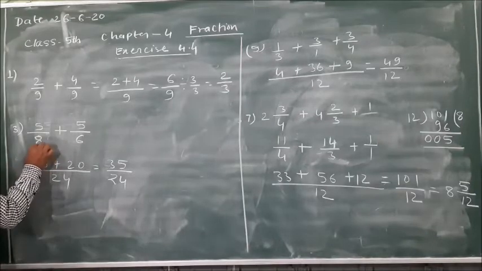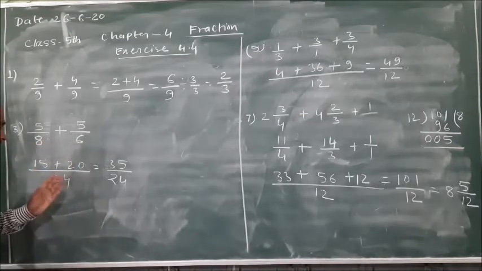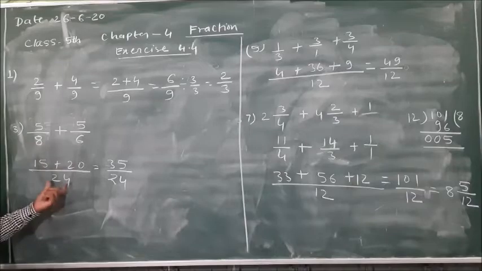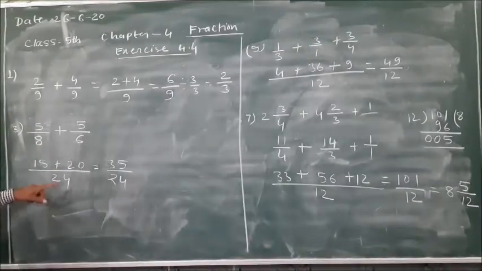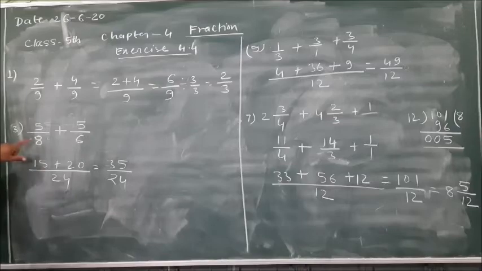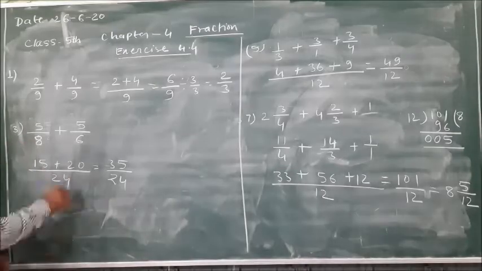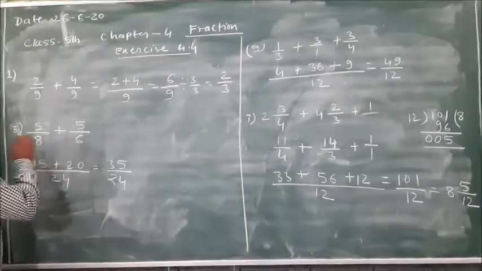The LCM of 8 and 6 is 24. Your LCM is 24, and we divide the 24 by the denominators.